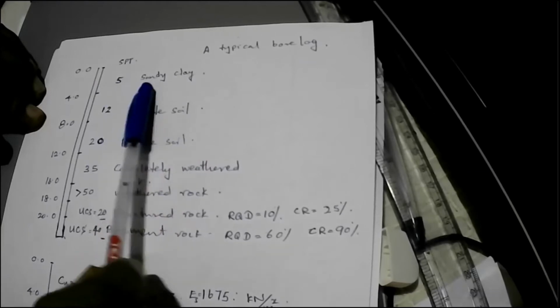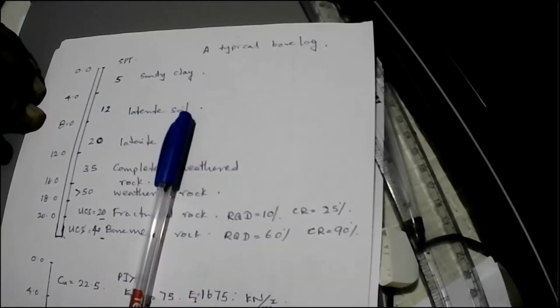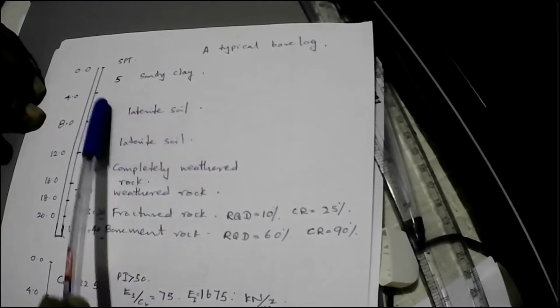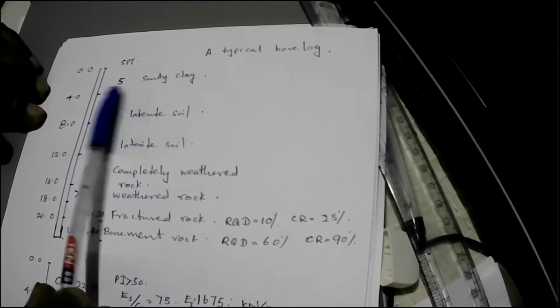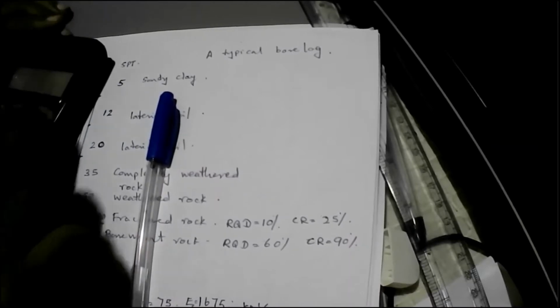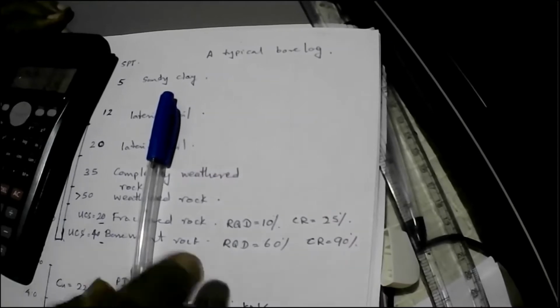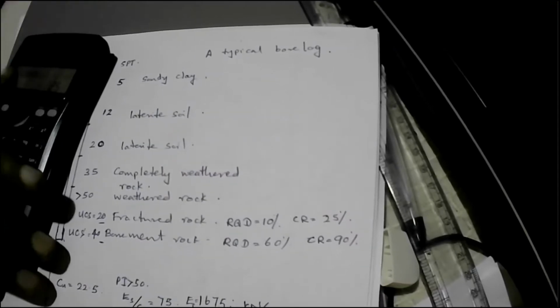So if we take this sandy clay where the SPT is 5, then we can first find the undrained cohesion, and undrained cohesion will be 4.5 multiplied by 5, so you get 22.5.